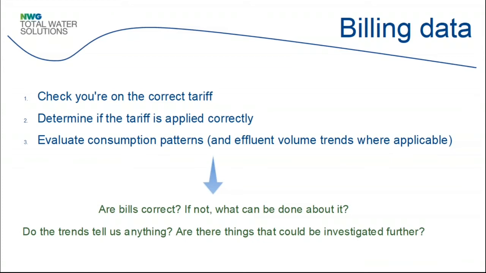Where we can, and we can't always do this because it depends on the data, we really burrow down into that consumption data, particularly if you've got automated meter readings or sub-meters. A lot of premises just have a single meter on the incoming feed into the building, and that's it.